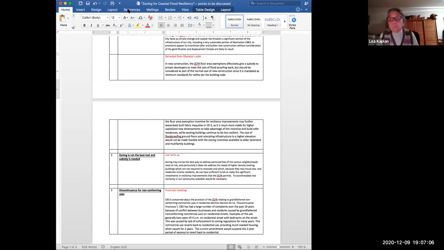What these zoning changes are supposed to do is make it easier to accommodate those. So it will say, for instance, that if you're building in the 100-year floodplain, not the 500-year, you can't put the boiler in the basement.